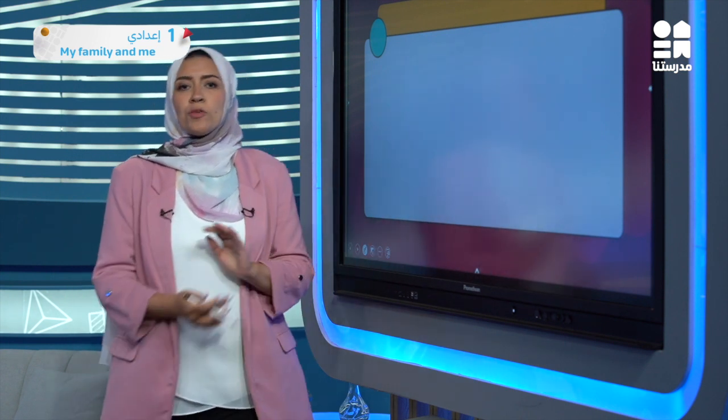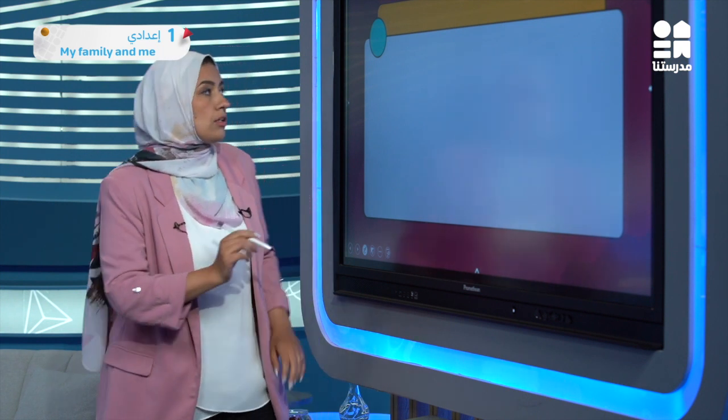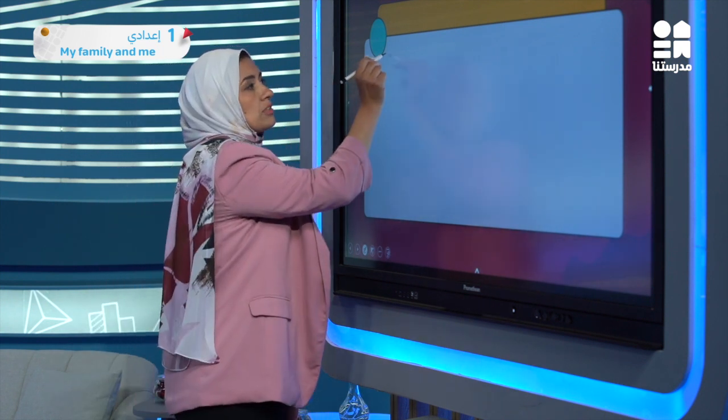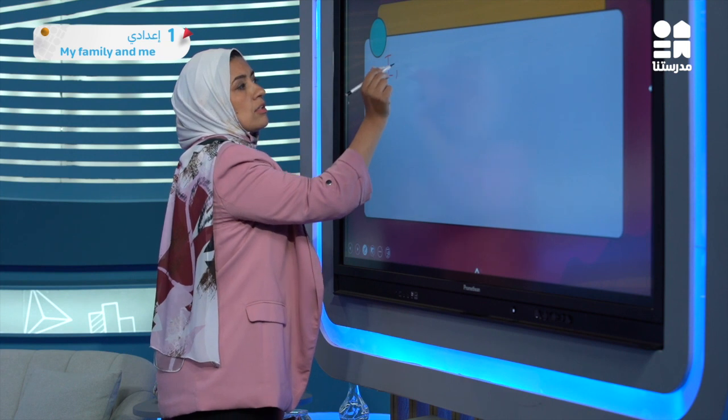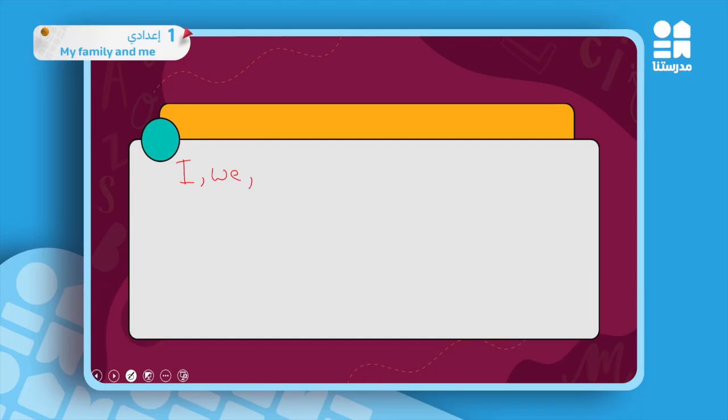What is the form of the present simple? We have the pronouns I, we, you, and they. With these pronouns, I have to use the verb in the basic form.